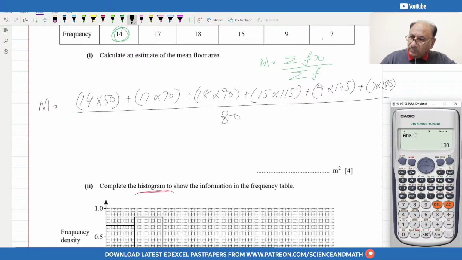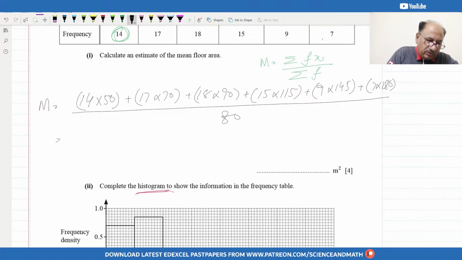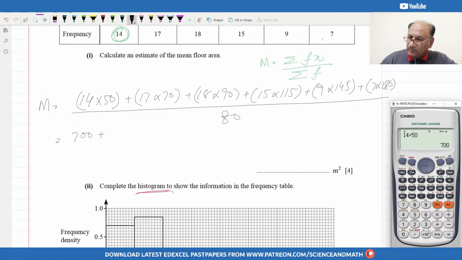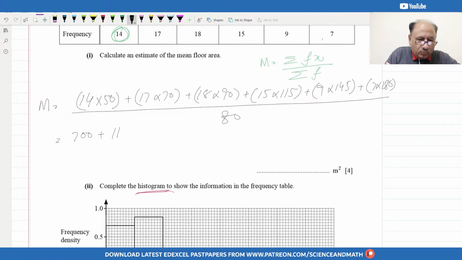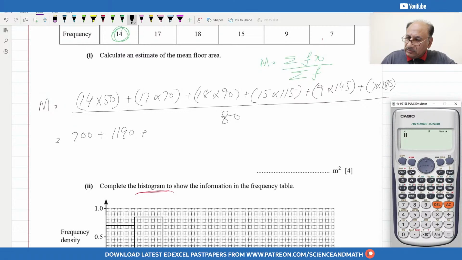14 multiplied by 50 will be equal to 700. So we can write 700 plus 17 multiply by 70 will be 1190. So 1190 plus 18 multiplied by 90 will be 1620.